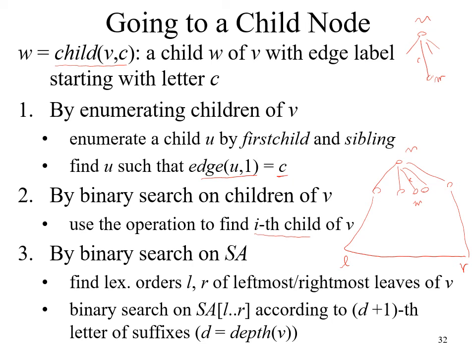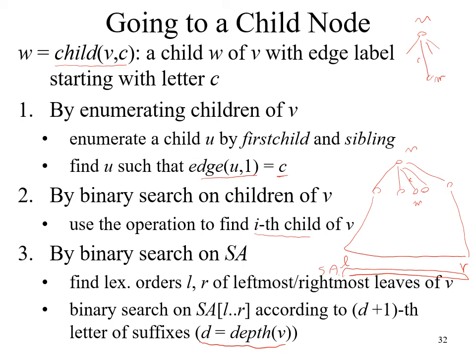Then we do a binary search on this suffix array. We implicitly store suffix arrays. The suffixes in this range are of course sorted, and their first D characters are the same.